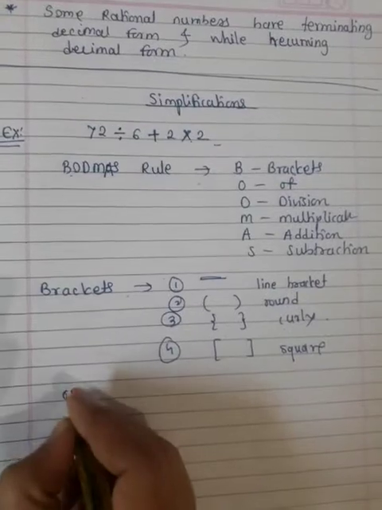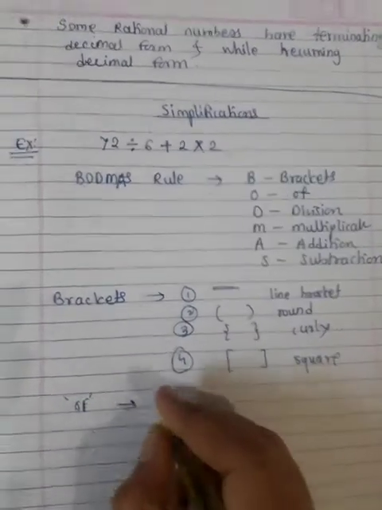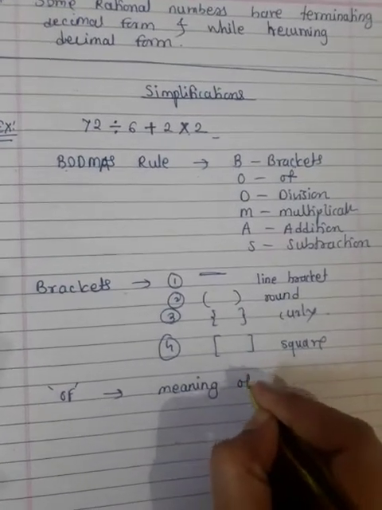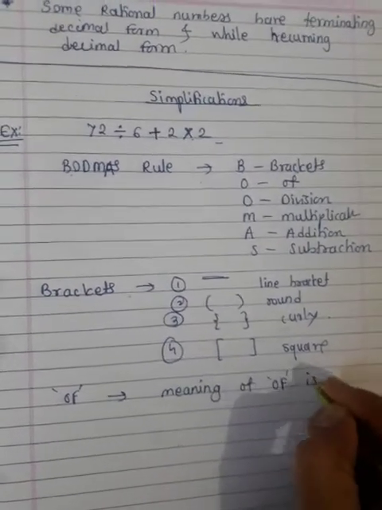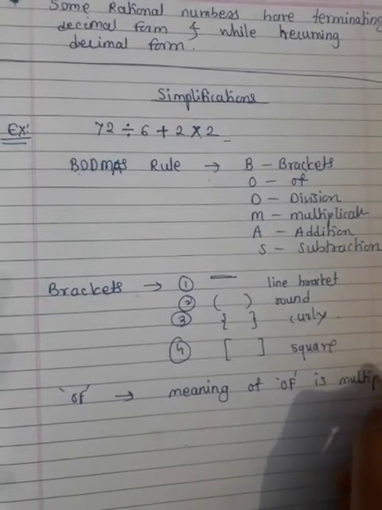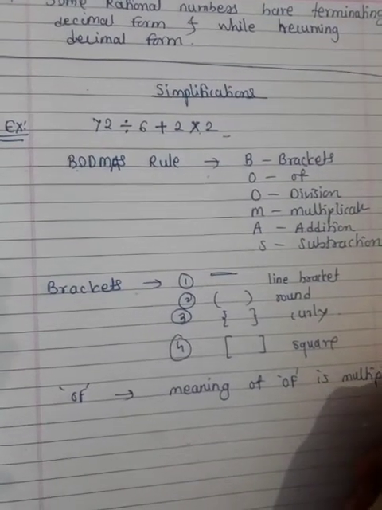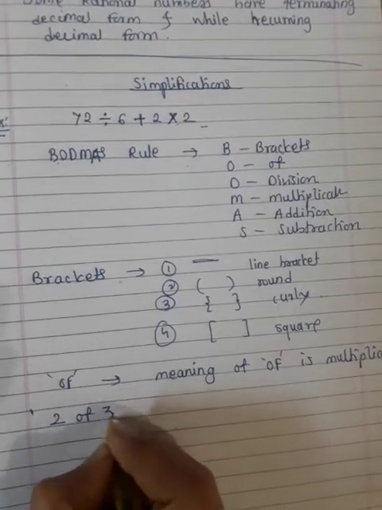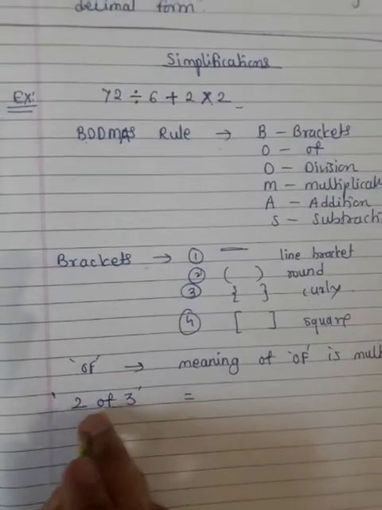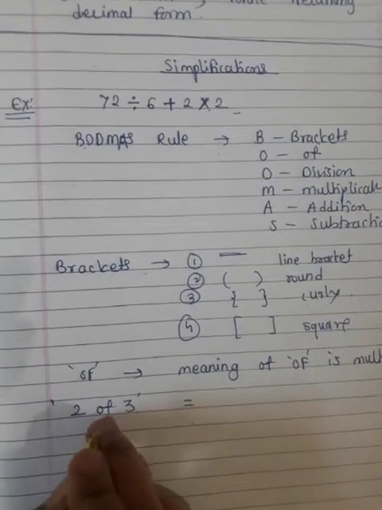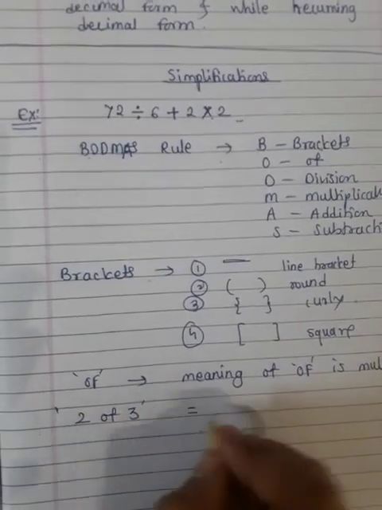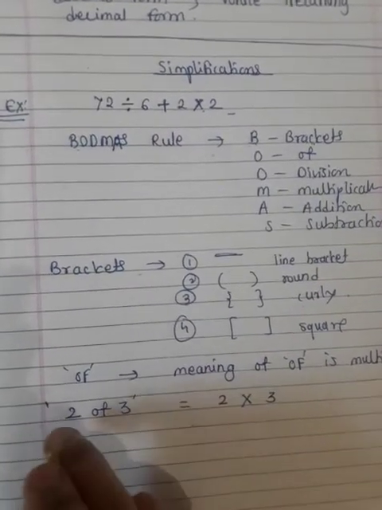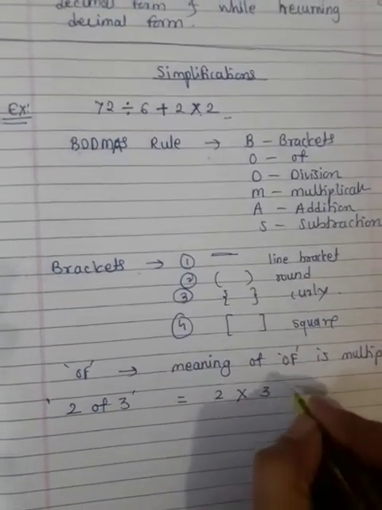After brackets comes of. There is a special meaning of of: the meaning of of is multiplication. Suppose we have an expression 2 of 3. Whenever there is of between two numbers, it means multiplication. So 2 of 3 is nothing but 2 multiplied by 3, that is 6.